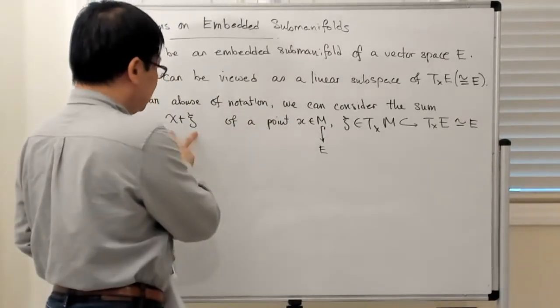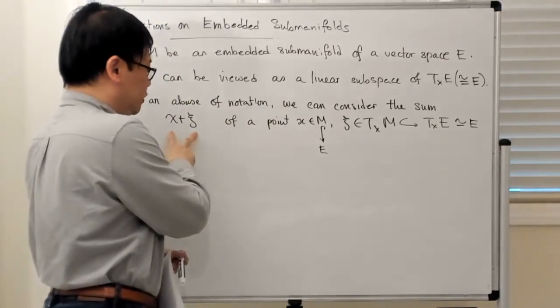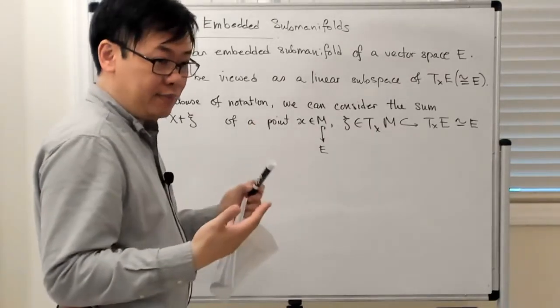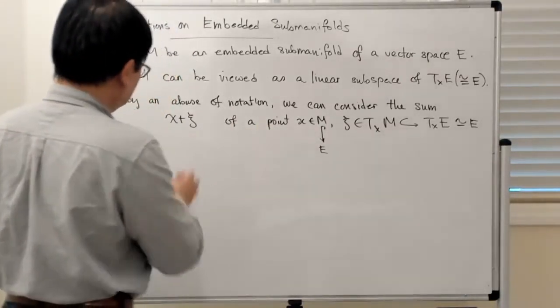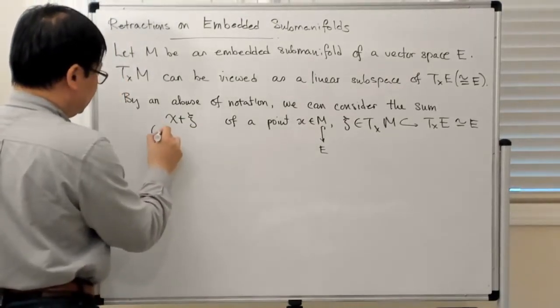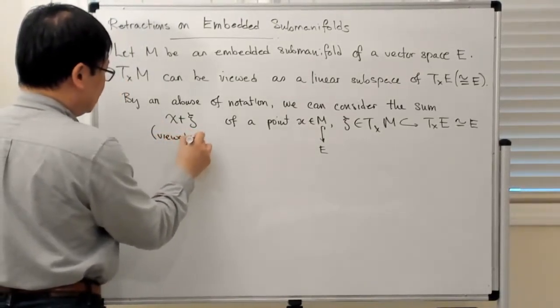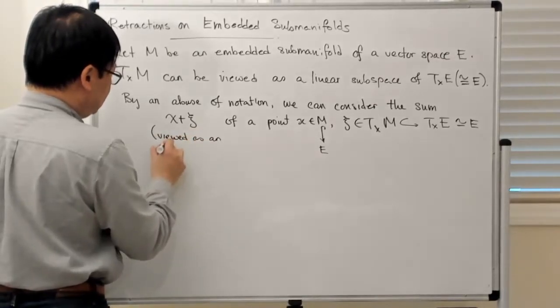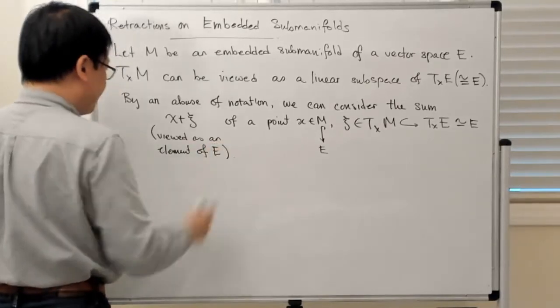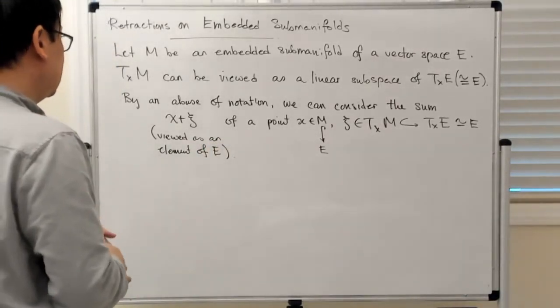So both of these things can be viewed as elements of the vector space E, and then I can use the vector space structure to talk about the addition. So this thing is viewed as an element of the vector space E.